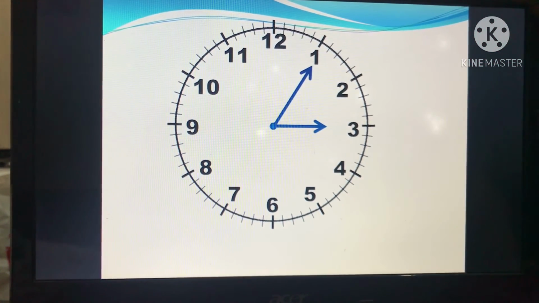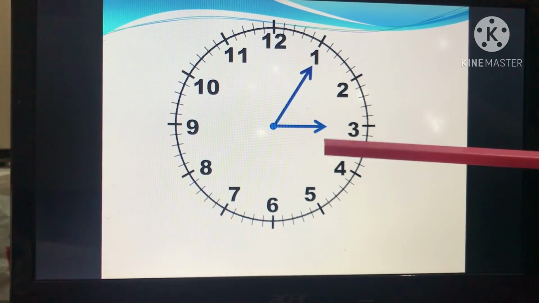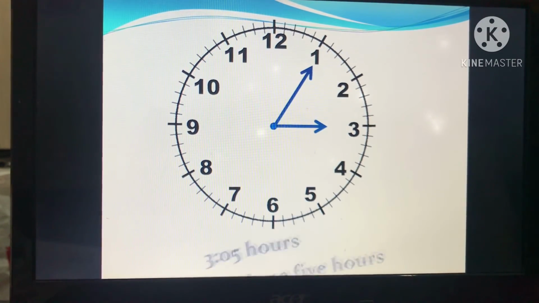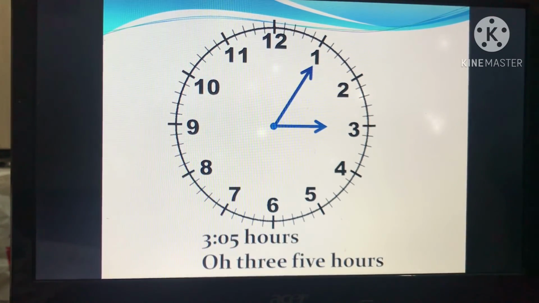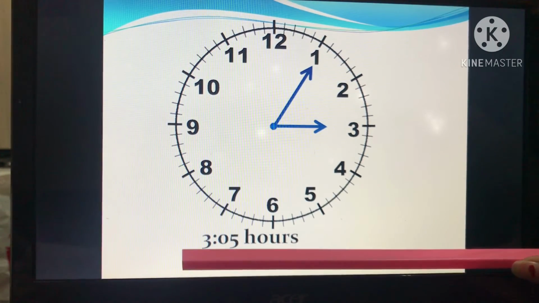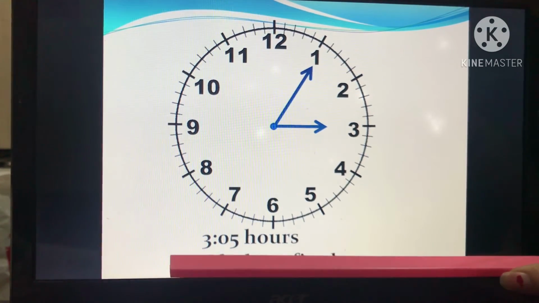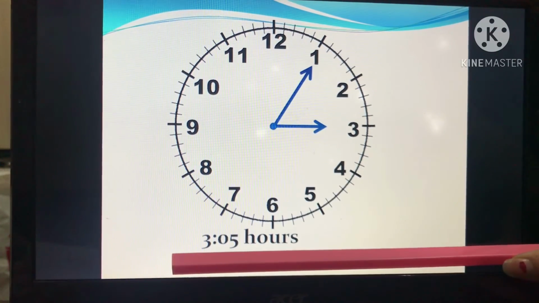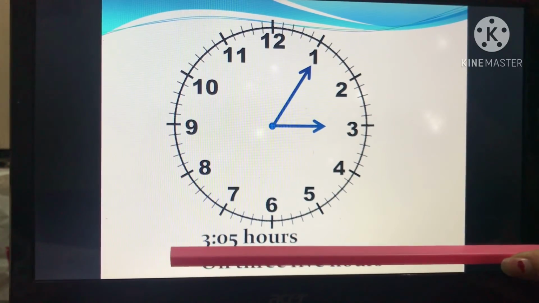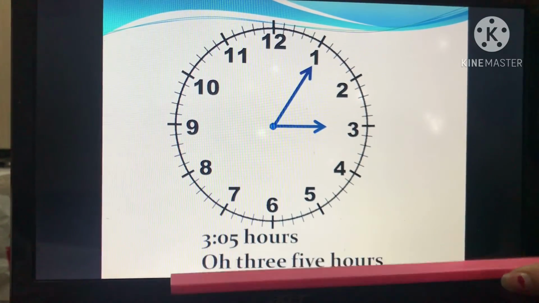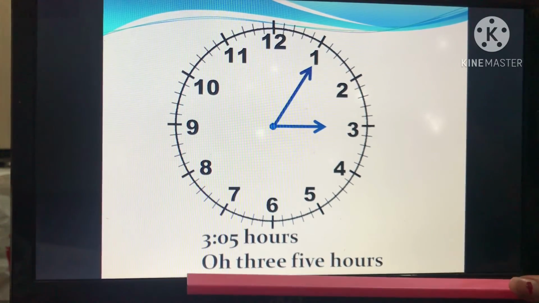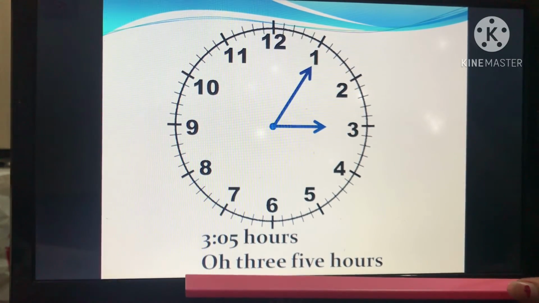So what is the time? The time is 3:05 hours. And how will we read it? We read it as 0305 hours.